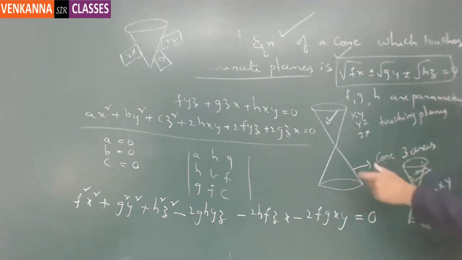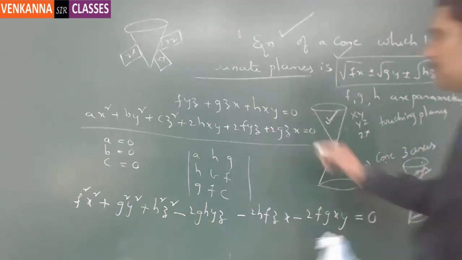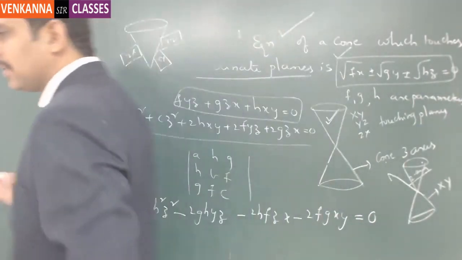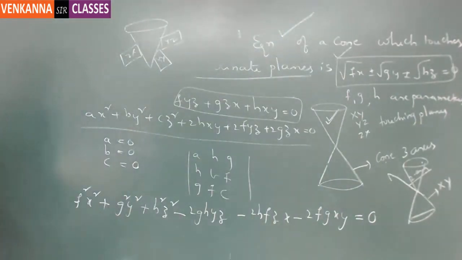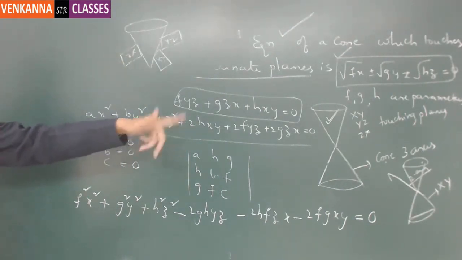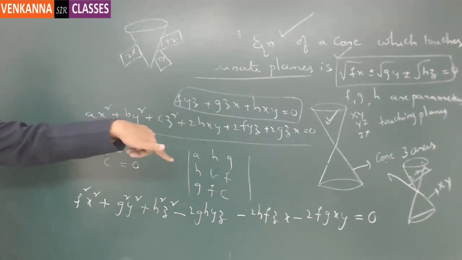I already know that the cone which is passing through three axes has the equation fyz plus gzx plus hxy equal to 0. So if I calculate its reciprocal cone, obviously it will touch the three coordinate planes.